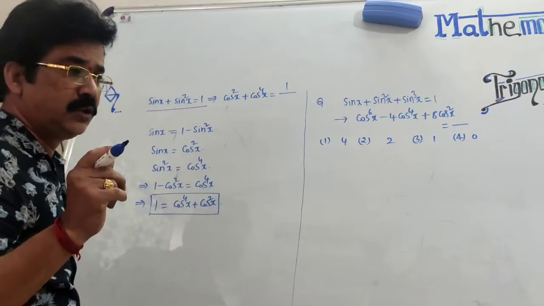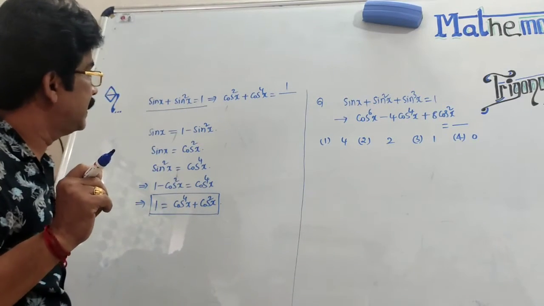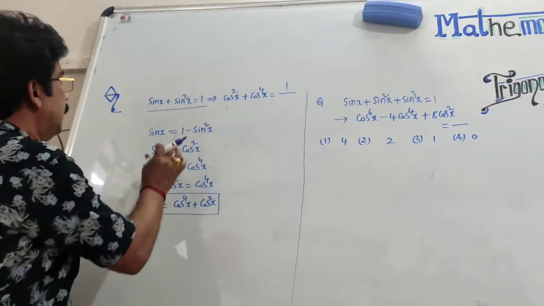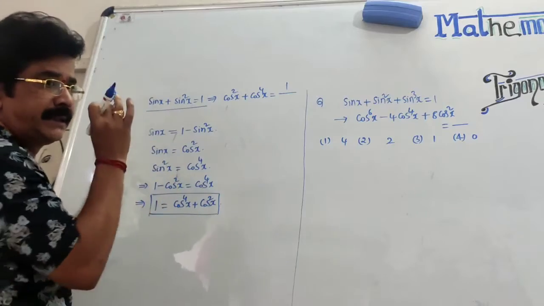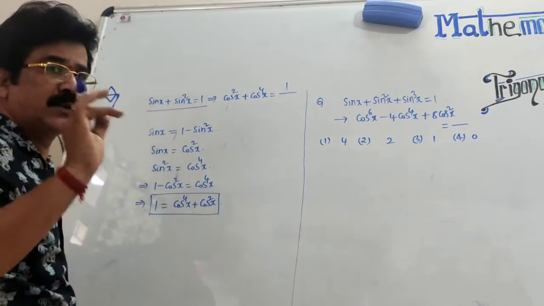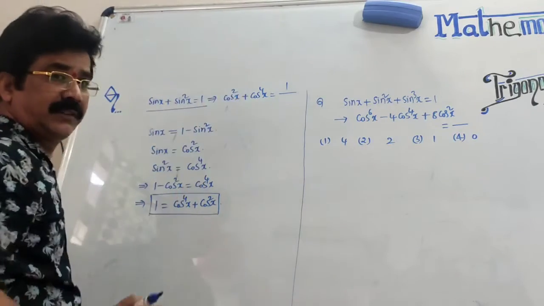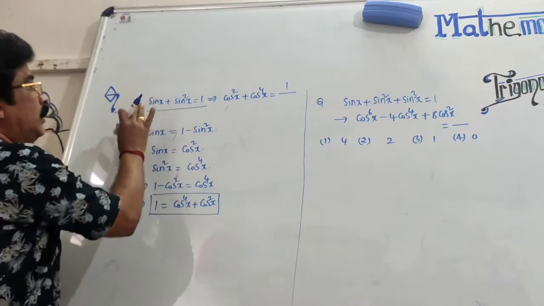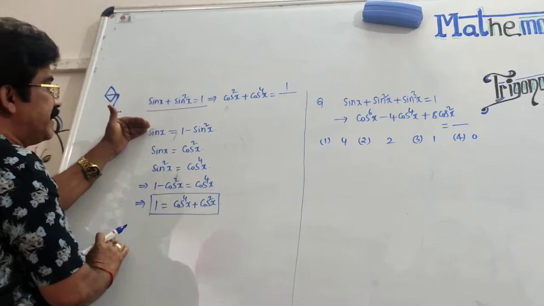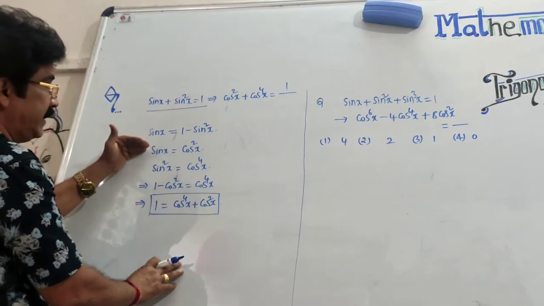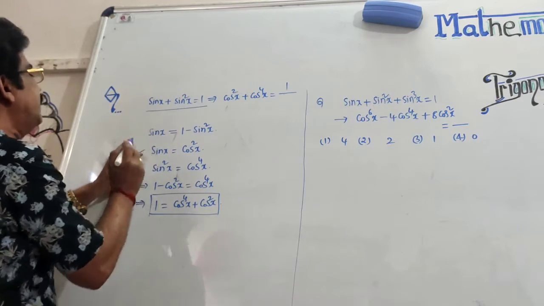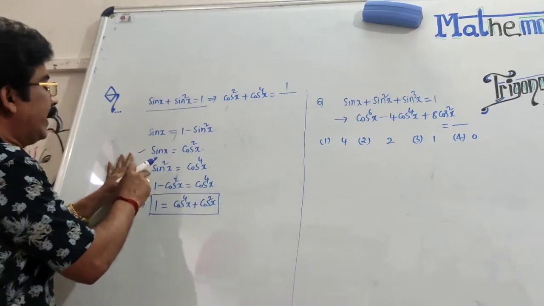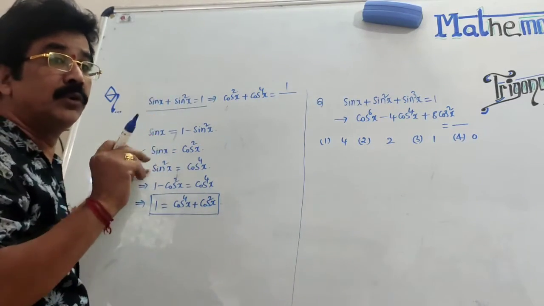Once again, you must catch the way of approaching, because what is the given equation? It is in terms of sine. What is the question? It is in terms of cos. So we must think in the examination hall, we have to express this equation in terms of cos. How? Just like that. Up to this step, it is very easy. Later, sir, how can we get the idea of squaring on both sides?